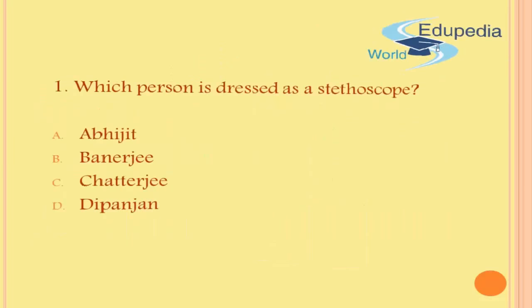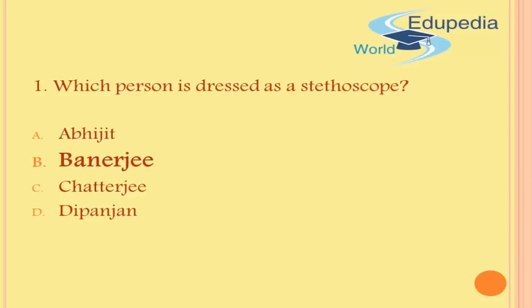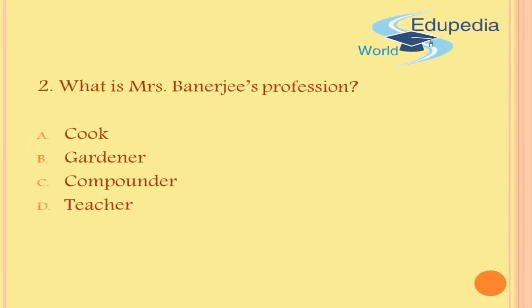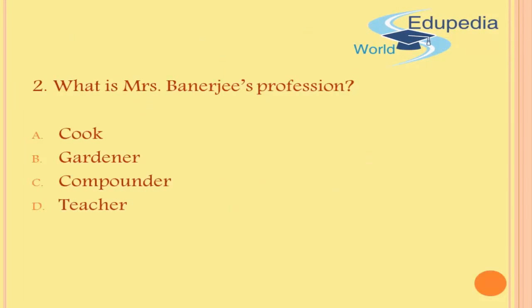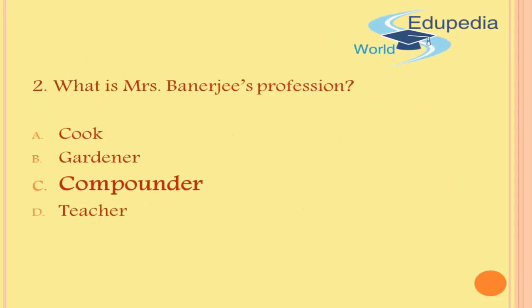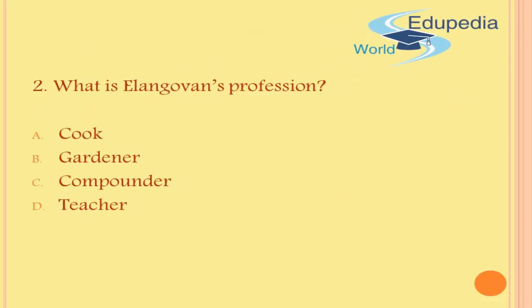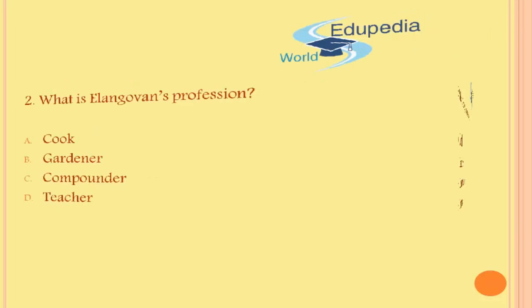So I'll go ahead and select option B. Mrs. Banerjee is dressed as a stethoscope. And question 2 is, what is Mrs. Banerjee's profession? Of course, she is dressed as the stethoscope, so she has to be the compounder. And what is Elangovan's profession? Elangovan is the cook, I saw from my table.